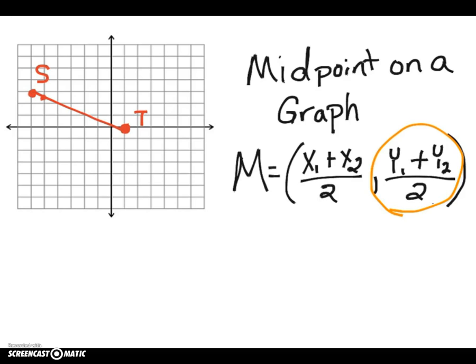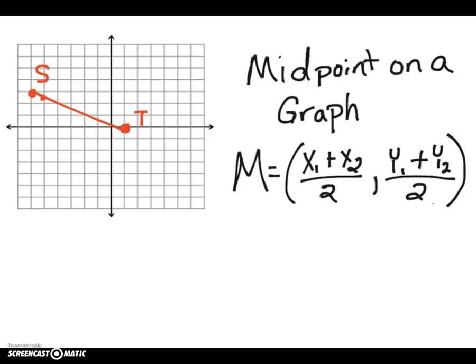The reason for that is that on a number line, we only have one axis that we're dealing with. On a graph, we have an x and a y axis, so we have two points, and they are both going to have an x and a y coordinate. So we're going to find the mean of both of those, and that will give us our midpoint.